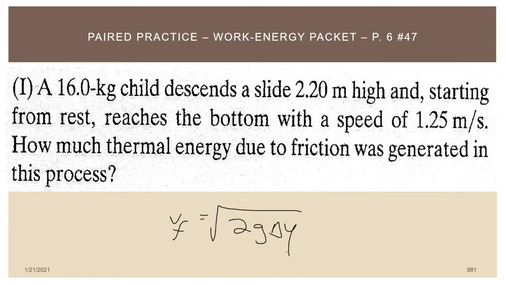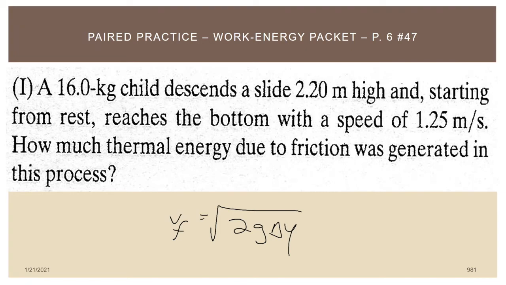And so the final velocity is always going to be the square root of 2g delta y when it's simply a straight up conversion from gravitational potential energy to kinetic energy. What I like to do, just for my own edification when I'm starting these problems, because this could be a multiple choice question where one of the answers is 0, is very easily check whether the answer is 0 or not.